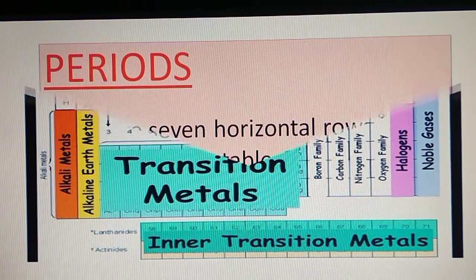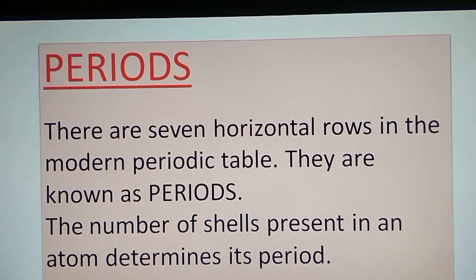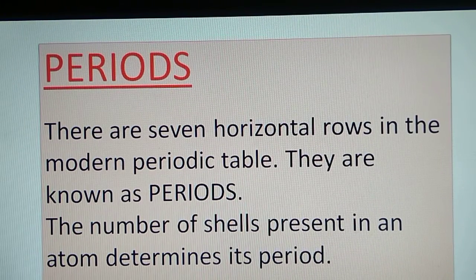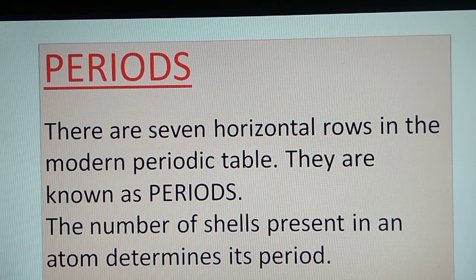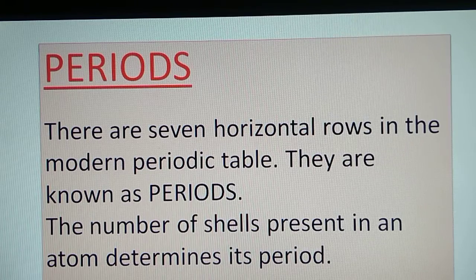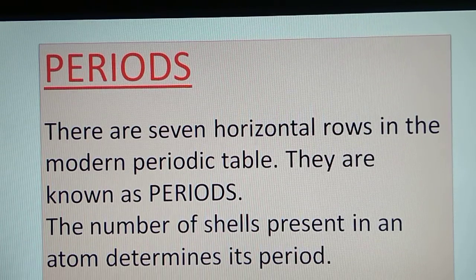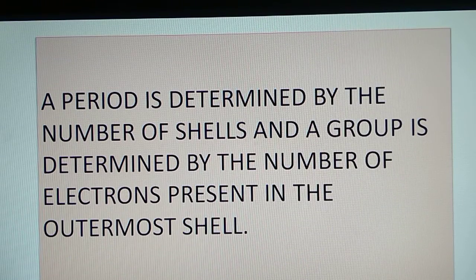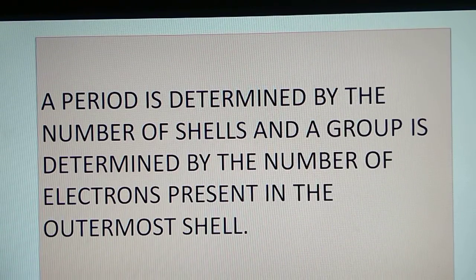Okay. So periods. There are 7 horizontal rows in the modern periodic table. They are known as periods. The number of shells present in an atom determines its period. A period is determined by the number of shells and a group is determined by the number of electrons present in the outermost shell.